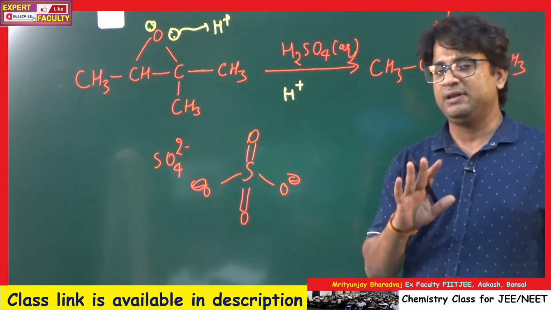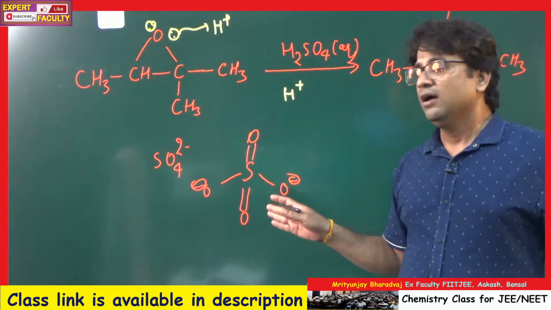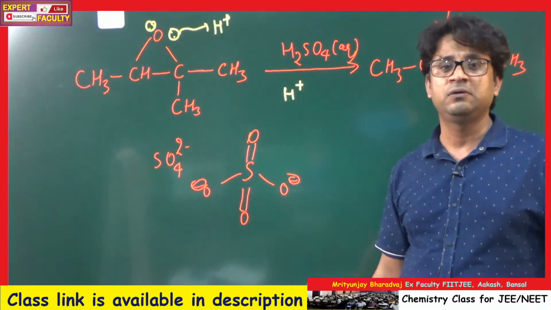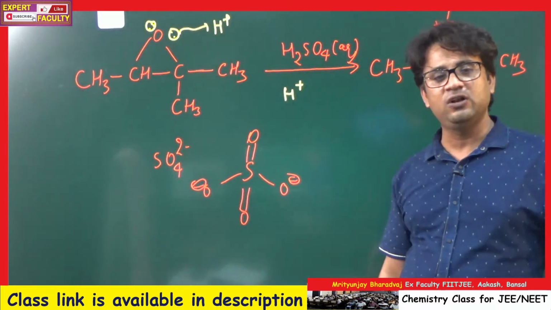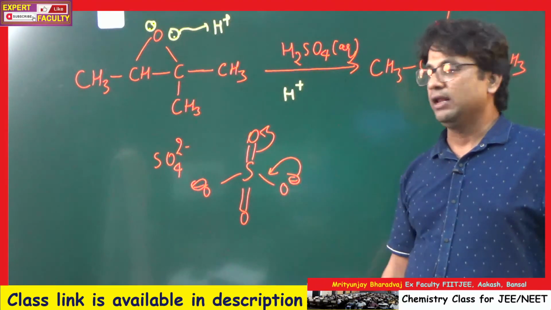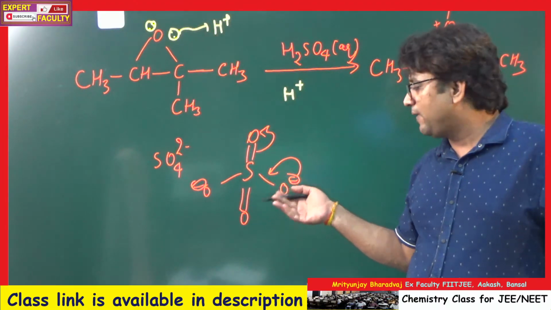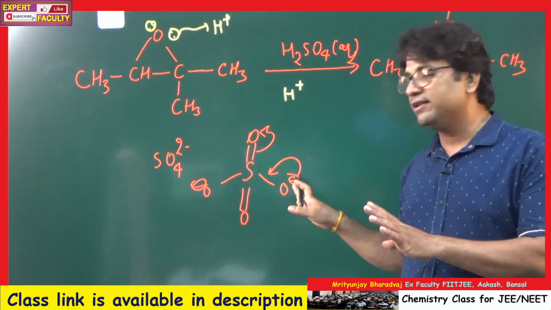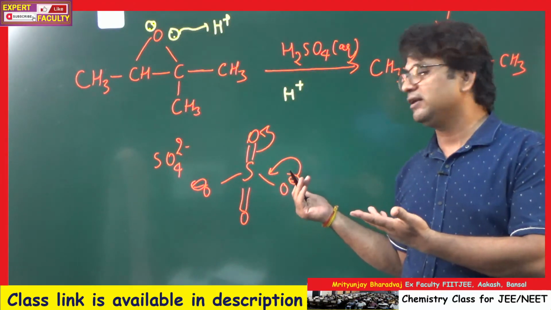Up to now have you seen an ion of an oxy acid acting as a nucleophile? No. Can you relate this? If it acts as a nucleophile it will donate the negative charge, but that negative charge is getting delocalized, so the tendency to donate will be less.